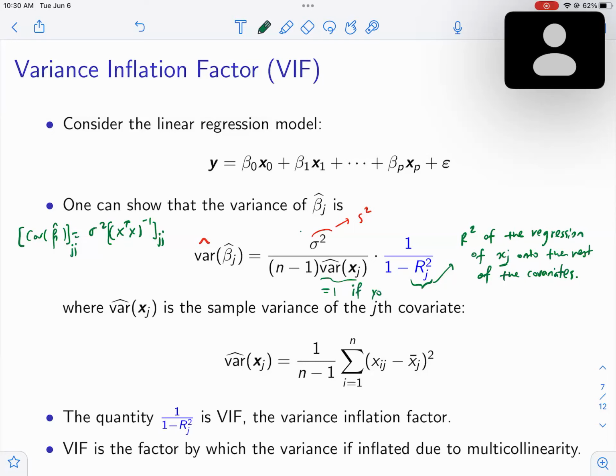If you normalize the columns of X to have unit empirical variance, this is going to be 1 for a standardized design, and then this goes away.